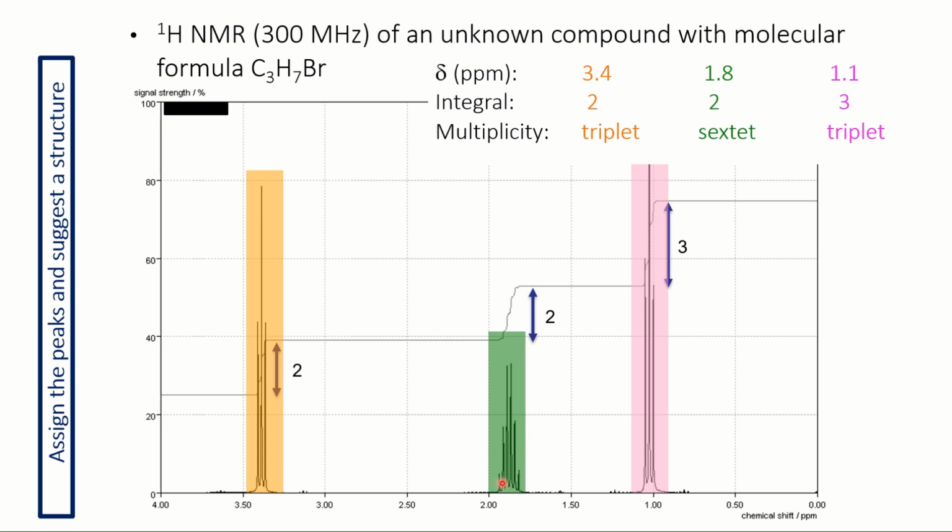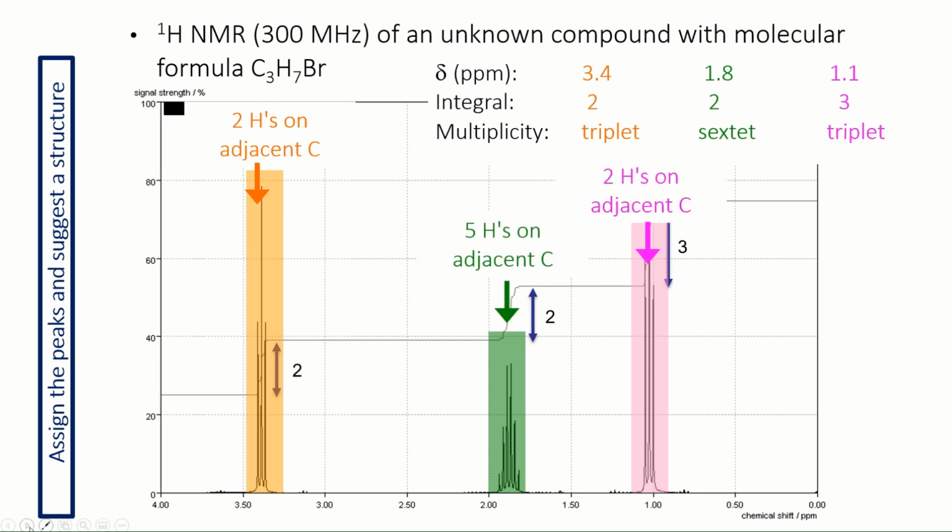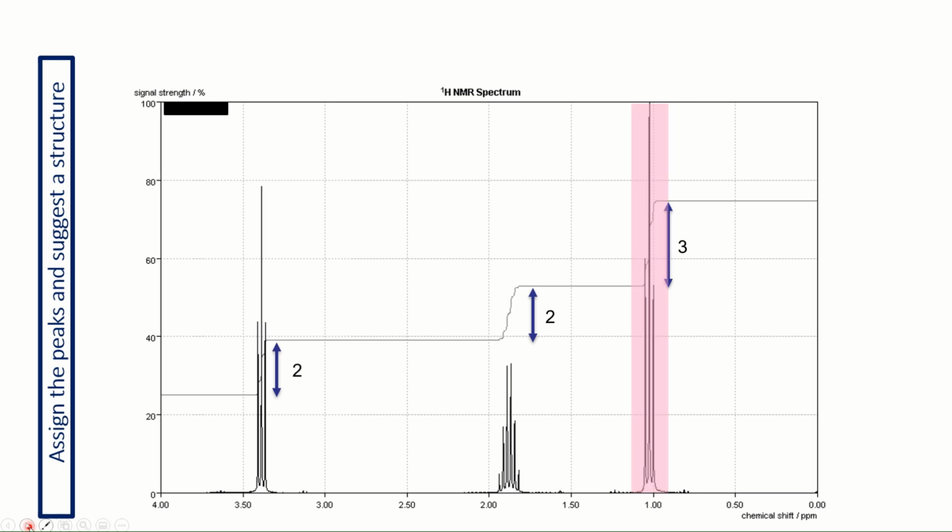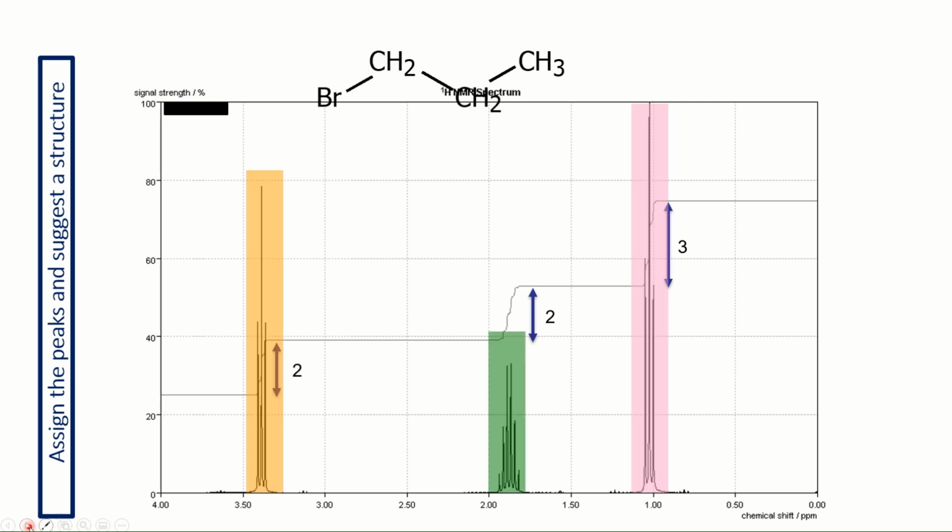It's telling me that we got 5 protons as neighbors, and this one is telling me that I have 2 protons as neighbors. So when I put it all together, I come up with this structure. This is bromopropane.